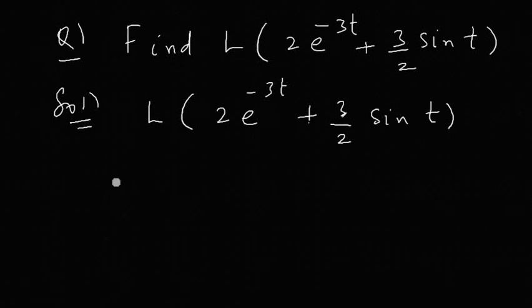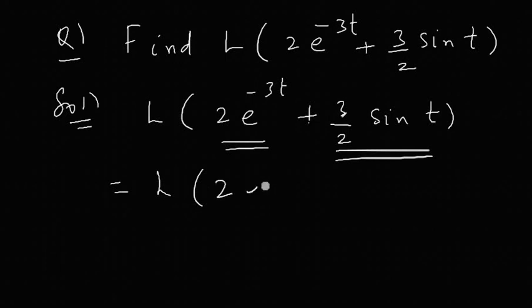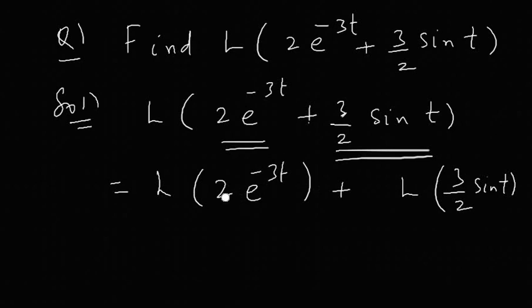Because these two functions are added, you can separate it, and that is L of 2e to the power of minus 3t and L of 3 by 2 sine t. It is as per the linearity property, and when we directly use the linearity property, even this 2 can be taken out.